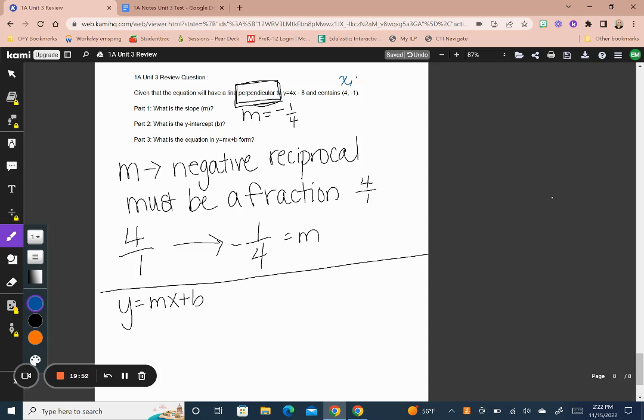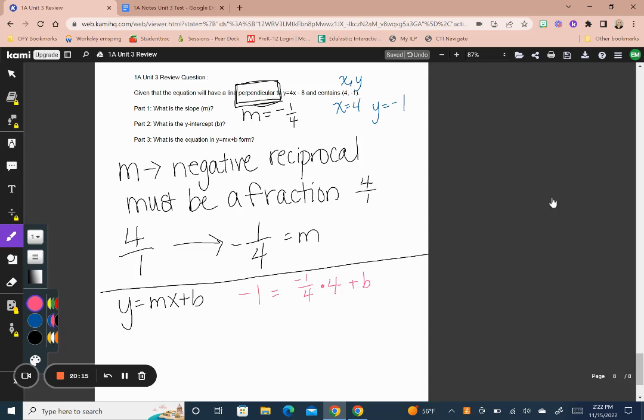So x comma y. x is equal to 4, y is equal to negative 1. So we have negative 1 equals m, which is negative 1/4, times our x, which is 4, plus b.